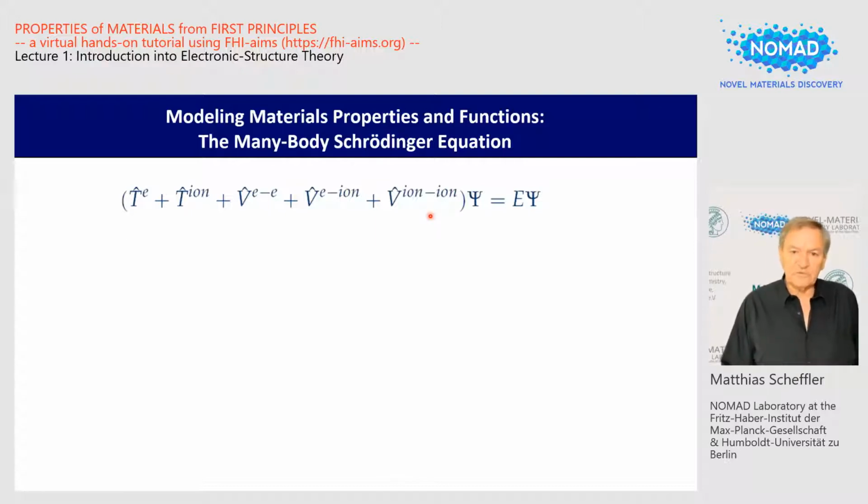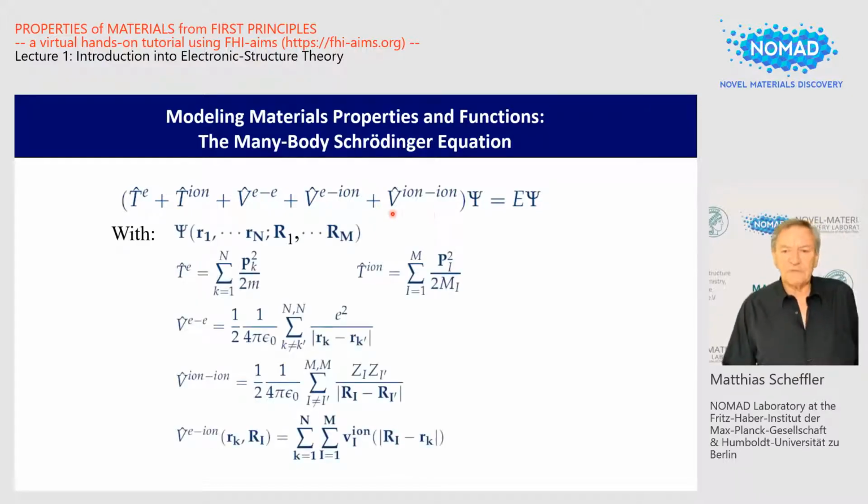This is the Hamiltonian, and the wave function coming out of it is a very complicated beast. It depends on all the positions of the electrons from r1 to rn, typically 10 to the 23, and all the positions of the nuclei from capital R1 to capital Rm, also typically of the order of 10 to the 23. The operators are known.